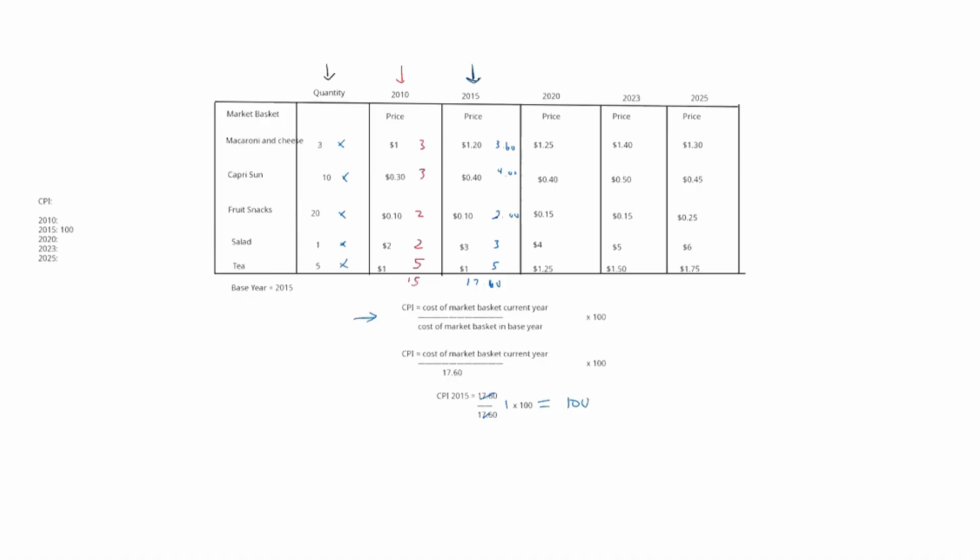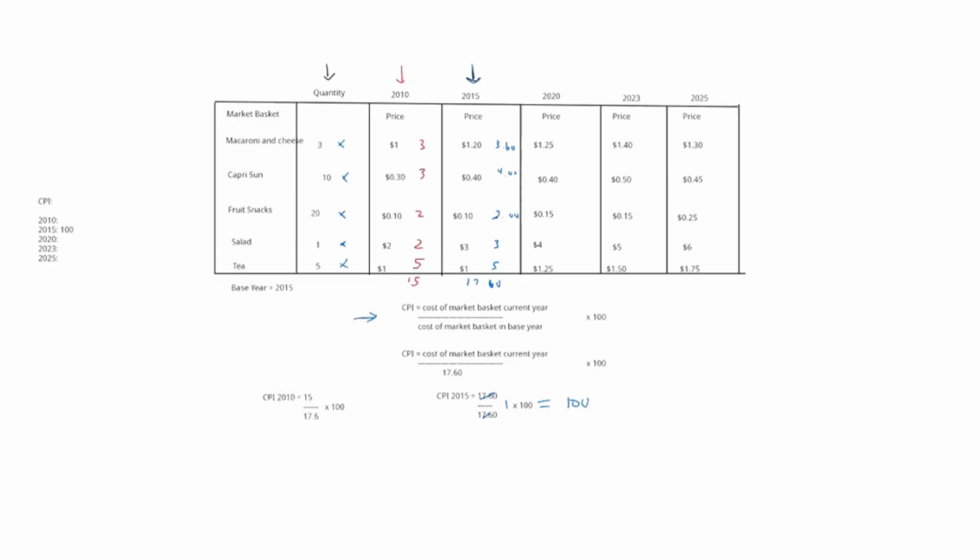So if we want to find CPI for 2010, we're going to do 15 divided by 17.6 times 100.